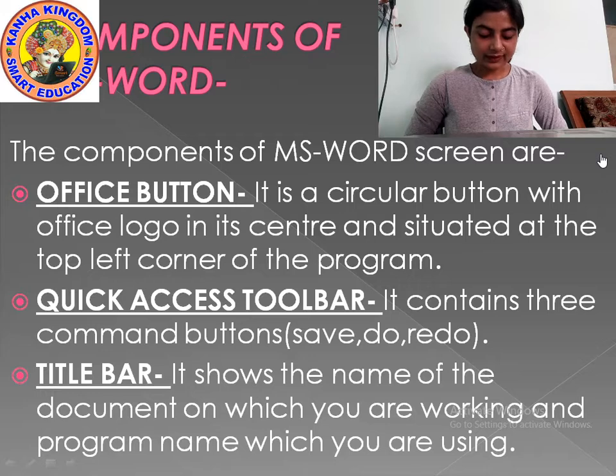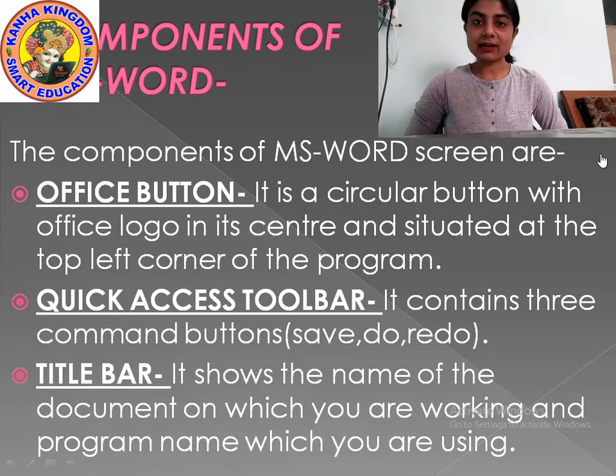Then there is also the horizontal scroll bar. With the help of this horizontal scroll bar, you can move the page of your MS Word program in left or right direction.